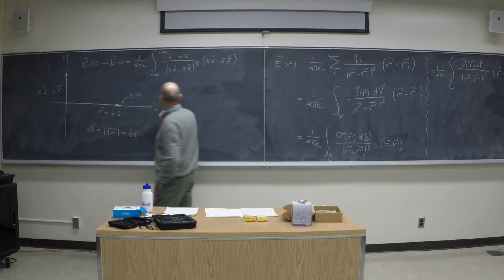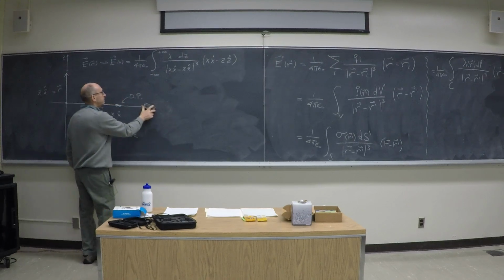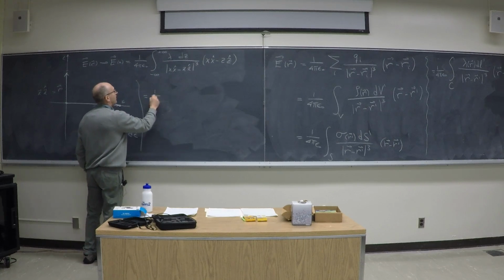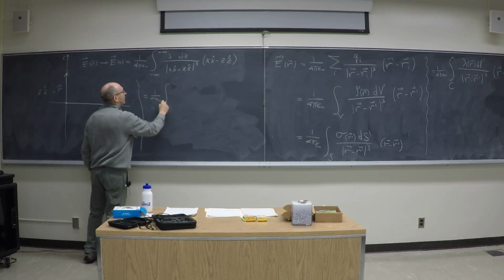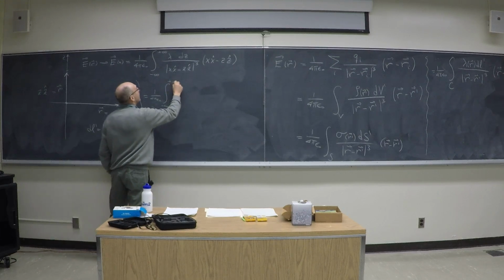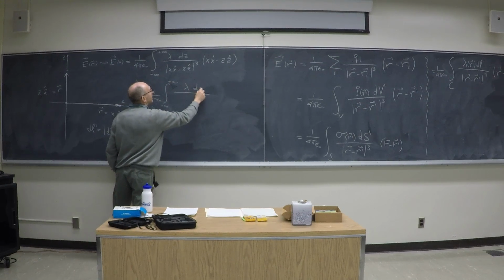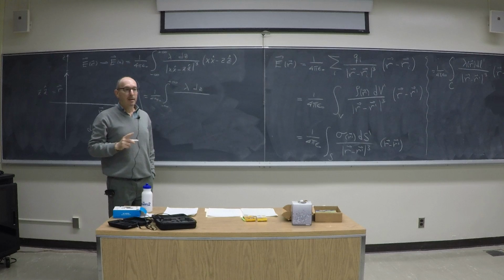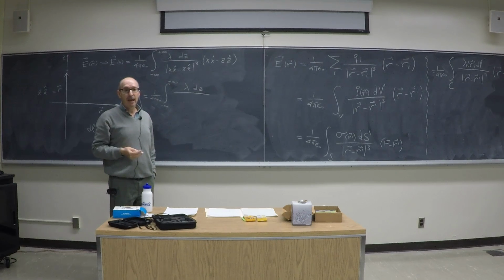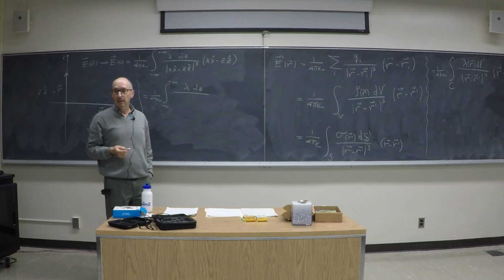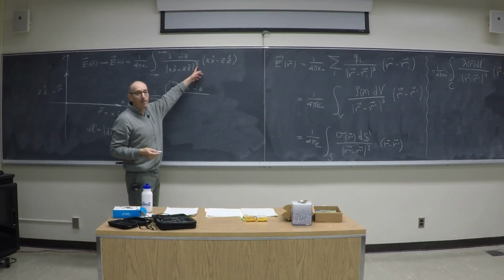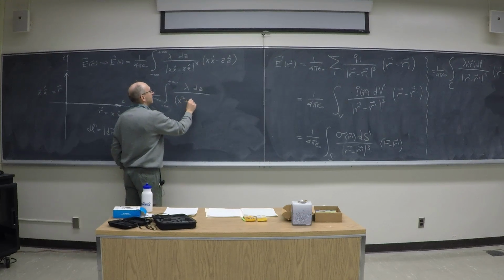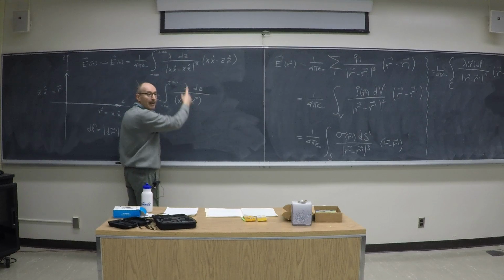So the next thing is 1 over 4 pi epsilon 0, integral from minus infinity to infinity, lambda dz. The magnitude of a vector is the square root of the sum of the squares of its components. But I have it to the third power here, so I have to keep that. So it's going to look simply like x squared plus z squared, square root of that, to the third power.